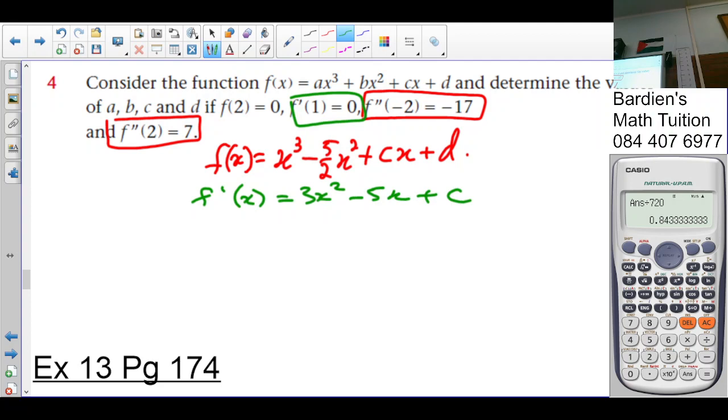The d falls away, it's a constant. So with the information that f prime of 1 is equal to 0, I can then say f prime of 1 is equal to 0, which is equal to 3 times x, which is now 1. So it's 1 cubed minus 5 times 1 plus. So it's 5 over 2, no? No. What's wrong with it?